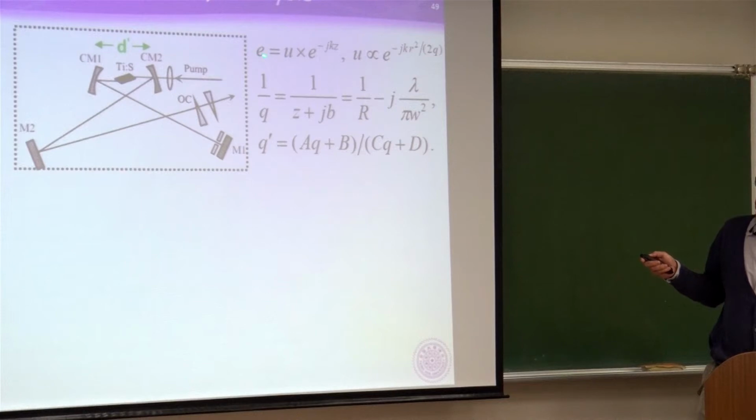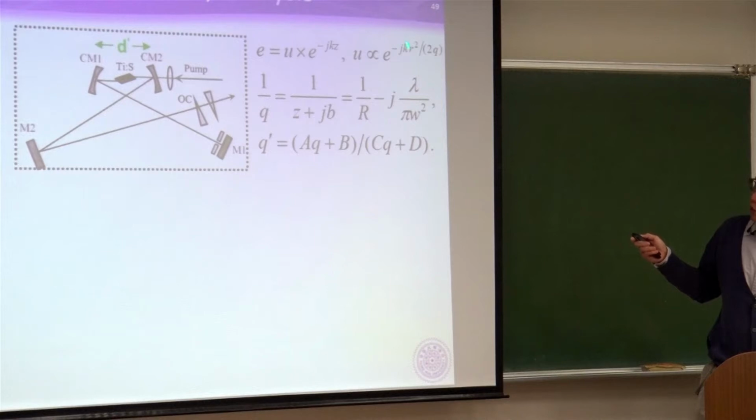Say the electric field phasor is rewritten as the product of two terms. U is the amplitude. E to the minus jkz means the carrier contribution, okay? And we also know from the Gaussian beam theory that the envelope or amplitude function U is proportional to something like this, e to the minus jk r squared over 2q.